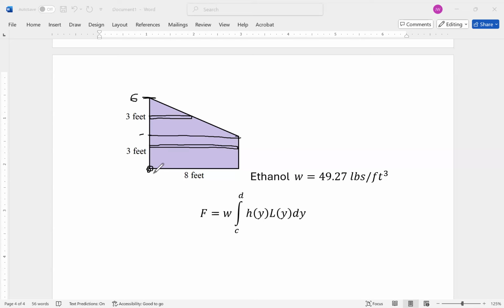So for the rectangle fluid force, I'm going to put the origin right here, lower left, and I'm going to integrate from 0 to 3. My depth is going to be from 6 down to arbitrary y value. And my rectangle is going to be right-hand side, which is, see how it's 8 units over. So that is going to be x equals 8 down to the y-axis, which is x equals 0. So that's what we're going to do for the rectangle.